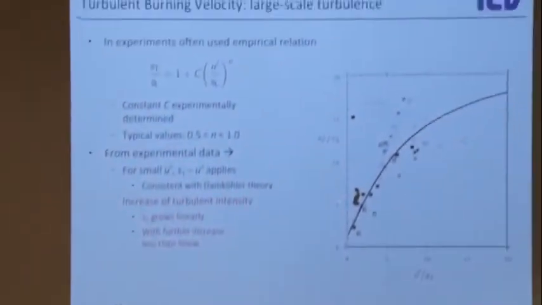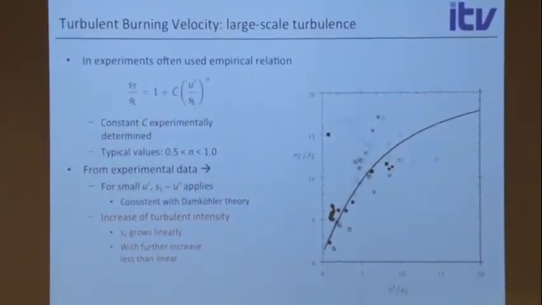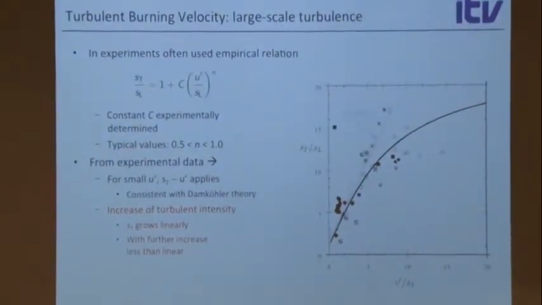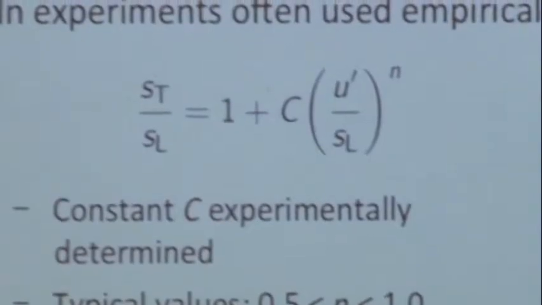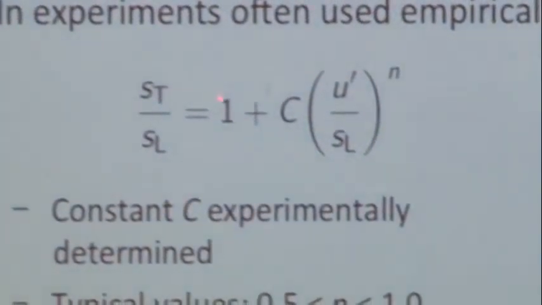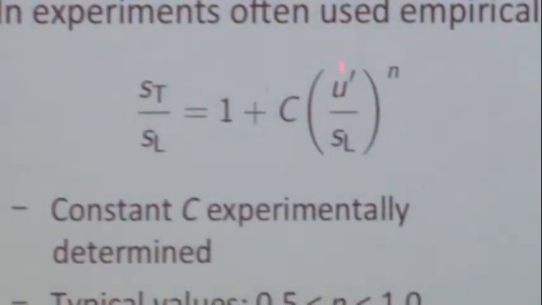But apparently not, because it's 1940 and the engine had been running before. But sometimes you get lucky in life. But this is very interesting. So if we then compare that with experiments, this is a form that's often used here. ST over SL is an empirical form that's often used in models: 1 plus some constant times u prime over SL.